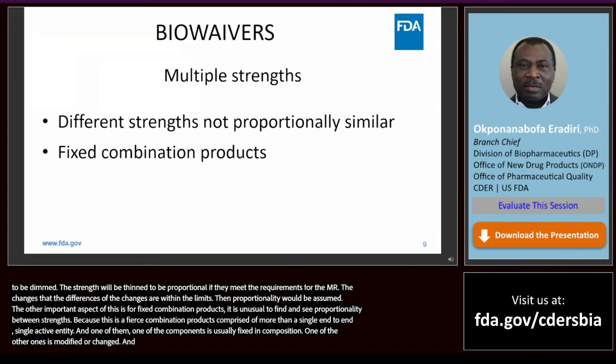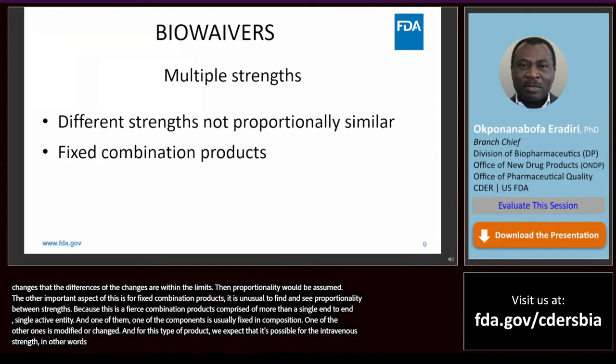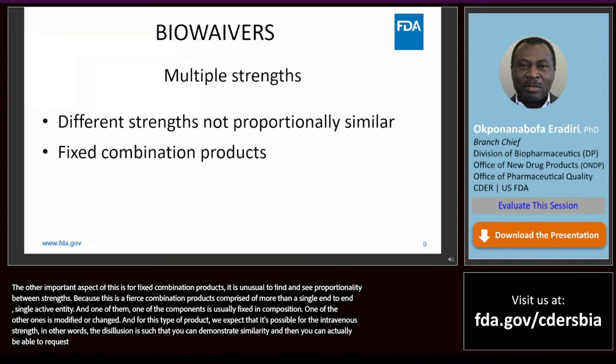For this type of products, we expect that a biowaiver is possible for the intervening strengths. In other words, if the in vitro dissolution is such that you can demonstrate similarity, then you'll be able to request a biowaiver for the intervening strengths, but not for the highest and lowest strengths, because these are combination products that are not likely to be proportional.